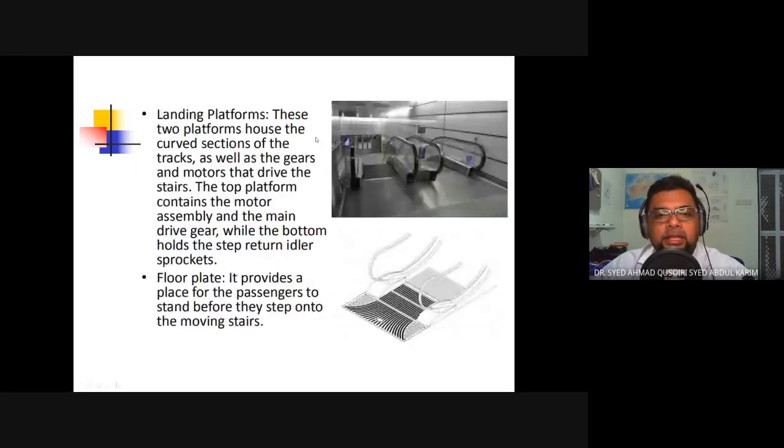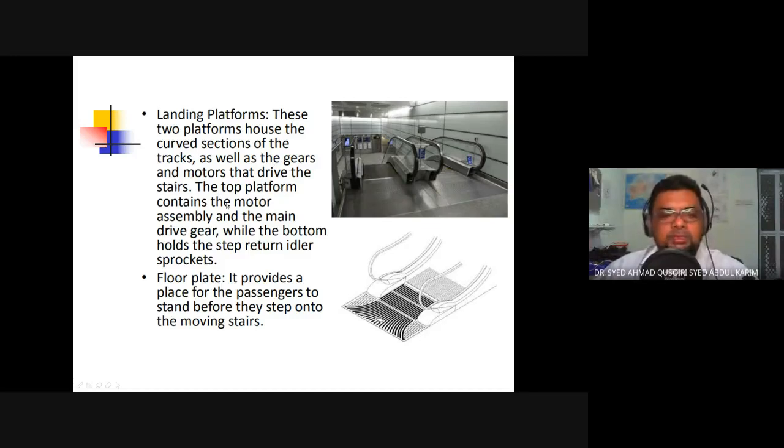Landing platforms. Each escalator would have two of these. These two platforms house the curved section of the tracks. This is where the tracks turn to the opposite direction, as well as the gears and the motors that drive the stairs.